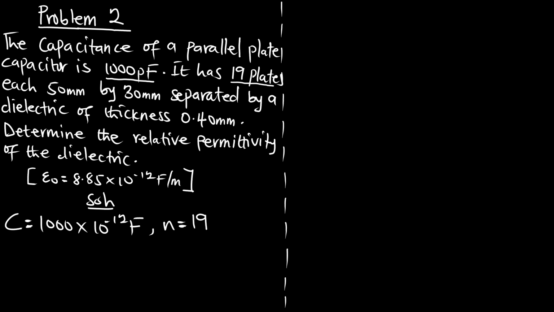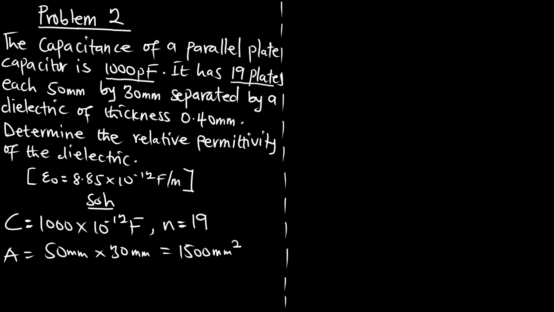Each is 50 millimeters by 30 millimeters. That is our area. So our area is going to be 50 mm by 30 mm, and this is going to give us 1500 millimeter squared.